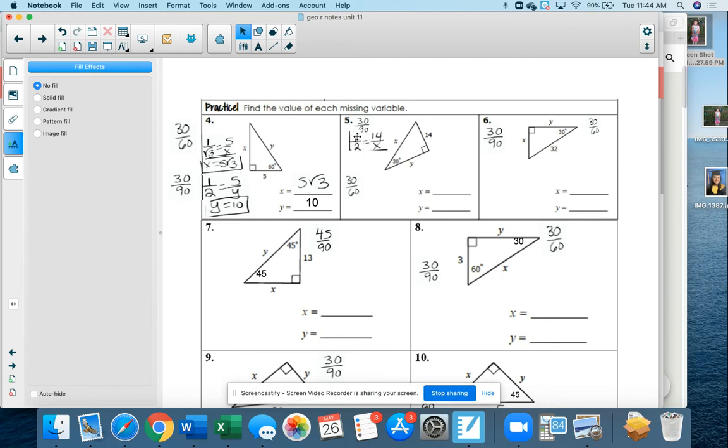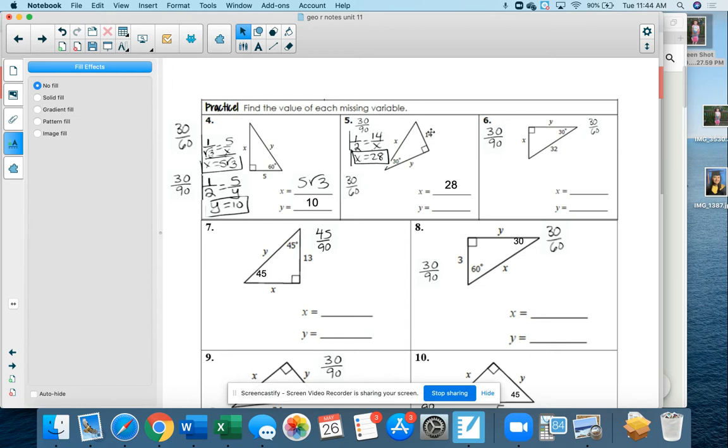Well, the side across from the 30 is 14. Here's my 30, here's my 14. The hypotenuse is x, so that's my proportion. 1/2 equals 14 over x, and then I just cross multiply and I solve, and my answer is 28. The proportion for 30 and 60 is 1 and radical 3.